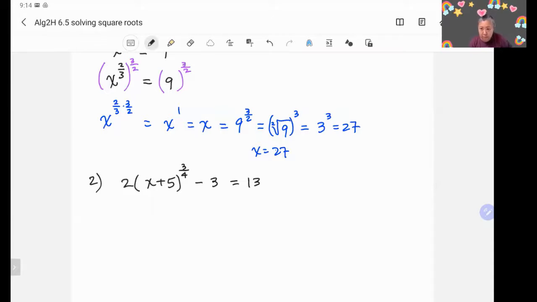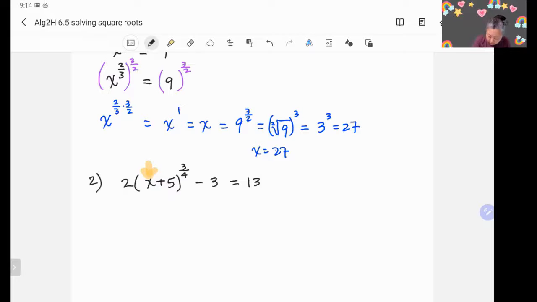First step, we have to identify where the variable x is, for us to solve. Right here. Then I recognize which terms to get rid of, starting with the terms furthest from the variable.